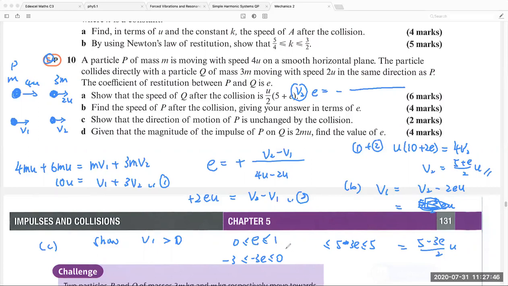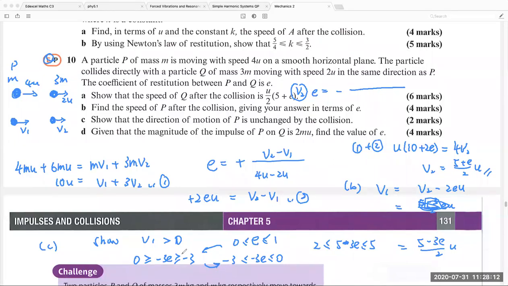Actually, I did one more step already. You multiply by a negative value and then the inequality sign should be changed. 0 times negative is still 0. Okay? No, I mean you times negative 3 in all things, right?